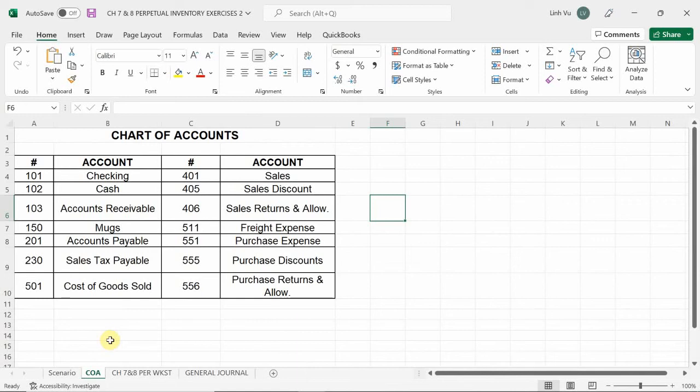So would it be accounts receivable? Uh-huh. And mugs? Not mugs. What did I do? I need to establish first what happened. What was the transaction at hand? What did I do to this customer? Okay, you sold it. Okay.